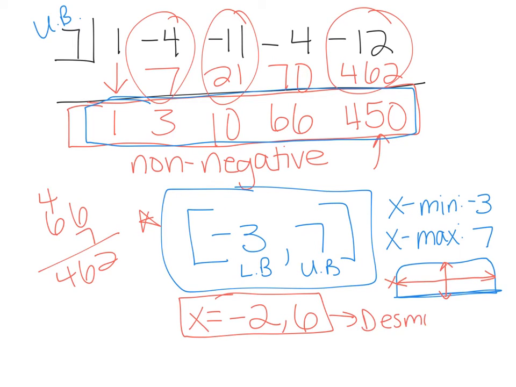Okay, I looked at those and I just tapped on Desmos to determine the zeros. Now I could go verify that these are zeros by using synthetic division and looking for a remainder of 0 to confirm that actually x equals negative 2 and x equals 6 are zeros of that polynomial function.